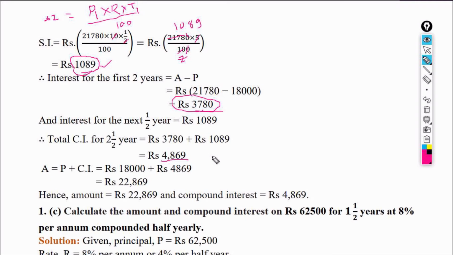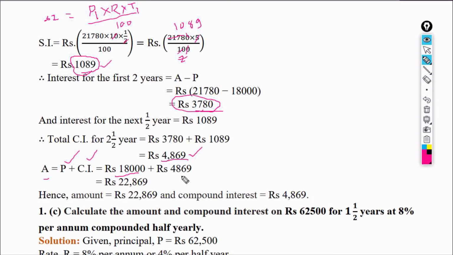To calculate the amount, you know the formula: principal plus compound interest. The principal is given, that is 18,000, and the compound interest you have just calculated, that is rupees 4,869.